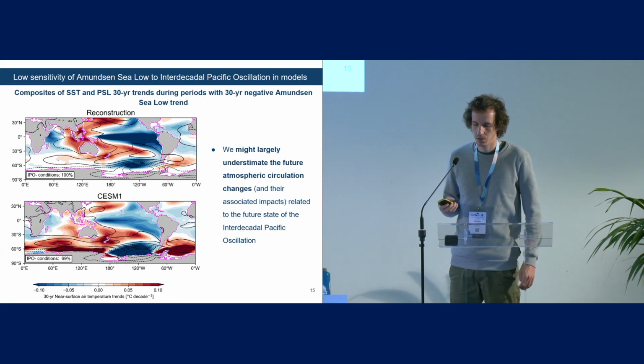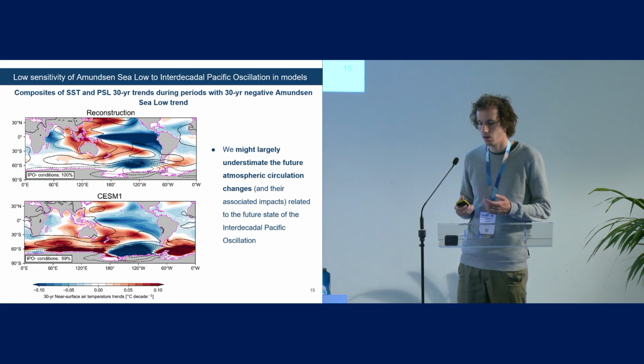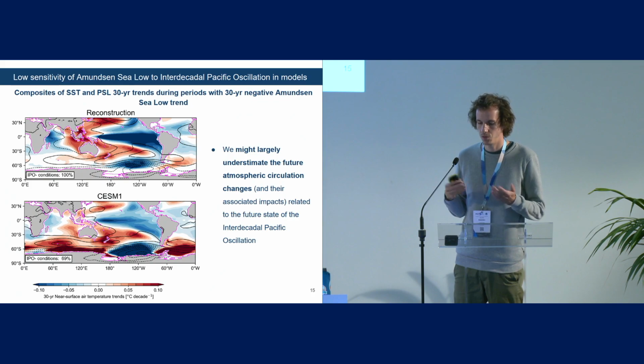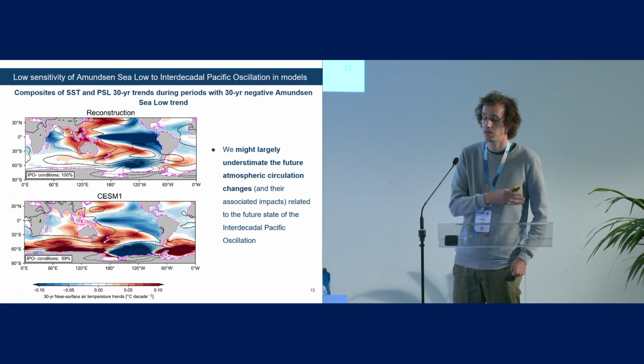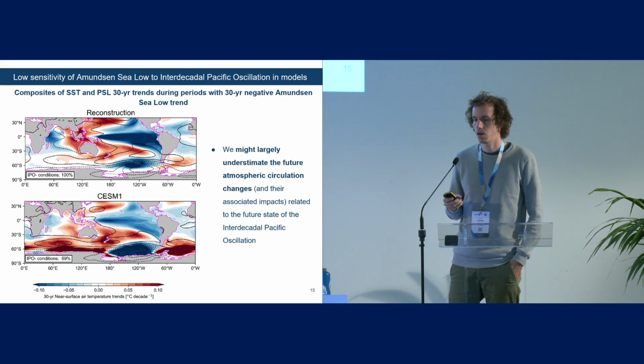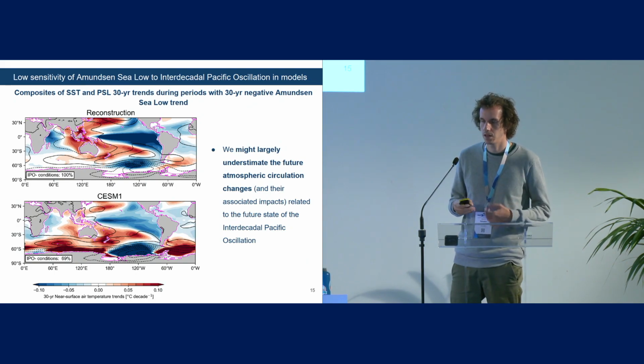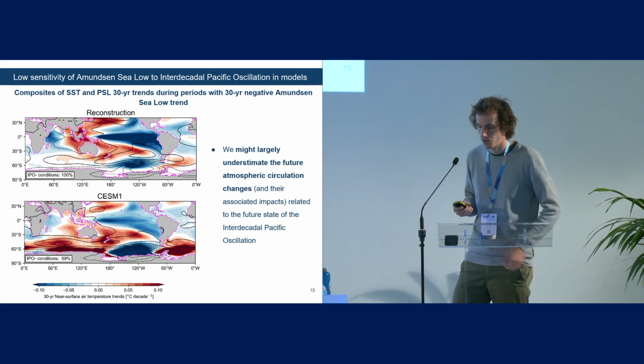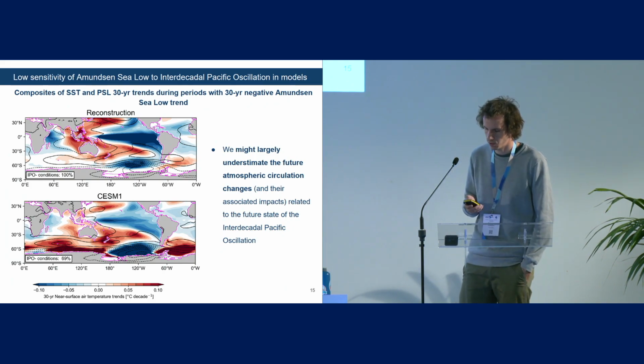And a consequence of this is that we might largely underestimate the future atmospheric circulation changes associated with the IPO. So it could amplify or mitigate, depending on the phase of the Interdecadal Pacific Oscillation, the forced response of the atmospheric circulation.